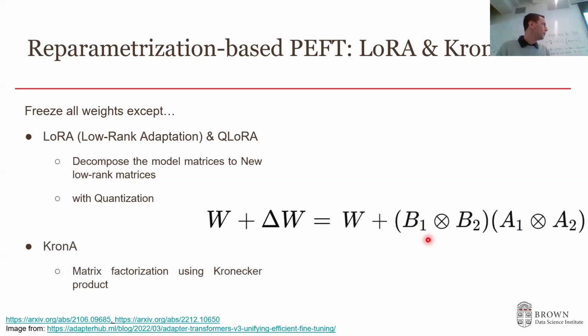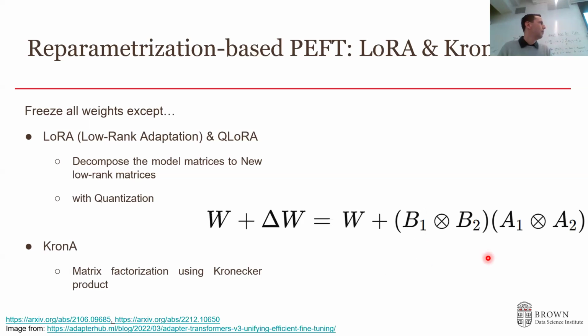Based on that, people suggest many different things, so you can take it to be more and more nuanced. Corona, for example, suggested decomposing the matrix in another way, and there are many methods to do it.